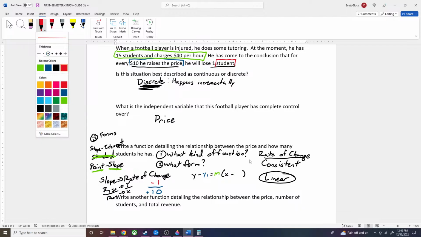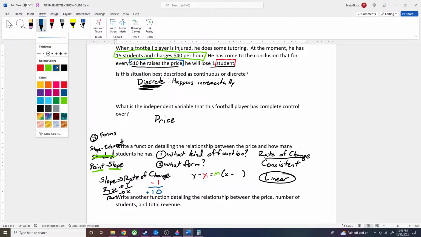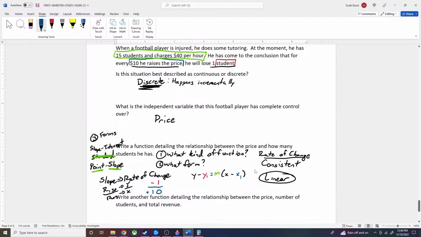And x1 is going to be red. Now, you know what? I really shouldn't do that, actually, thinking about this. We're going to flip these. y1 is going to be red, and x1 is going to be blue. Why? Because I already identified those colors.